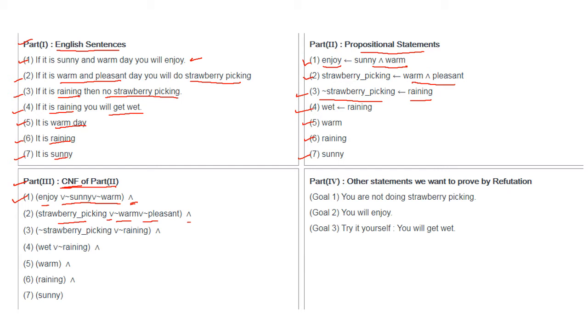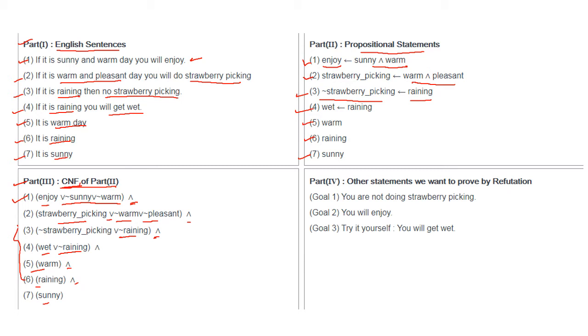And not strawberry picking or not raining. And wet or not raining. And warm, and raining, and sunny. So this is how you need to convert the propositional statements into CNF statements.